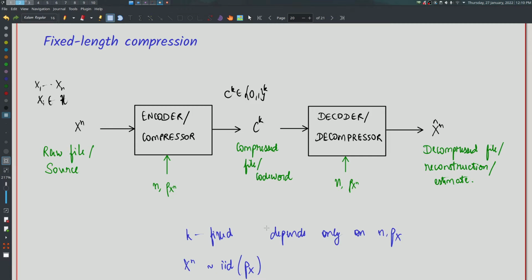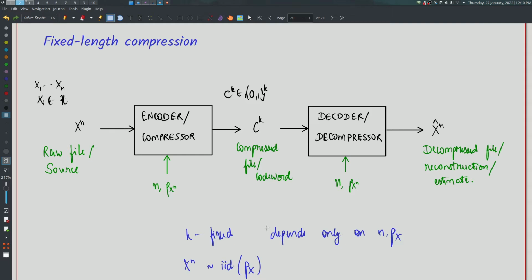So now we'll switch gears a little bit, and I'll talk about fixed length compression. Once again our discussion of fixed length compression will be brief, but we'll see that even here the entropy arises as a natural quantity.